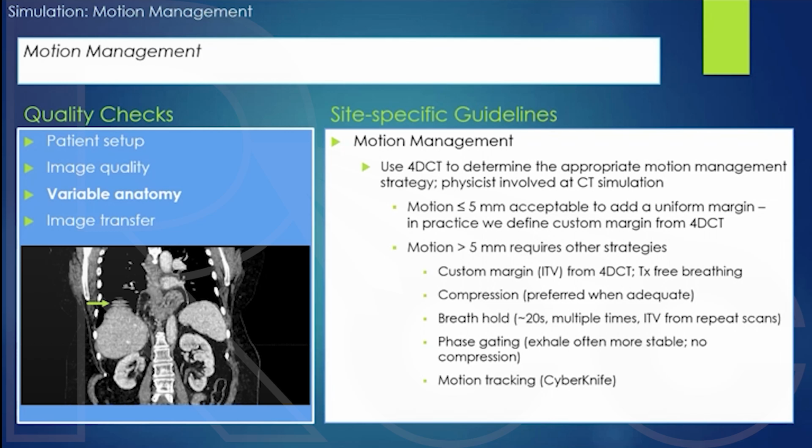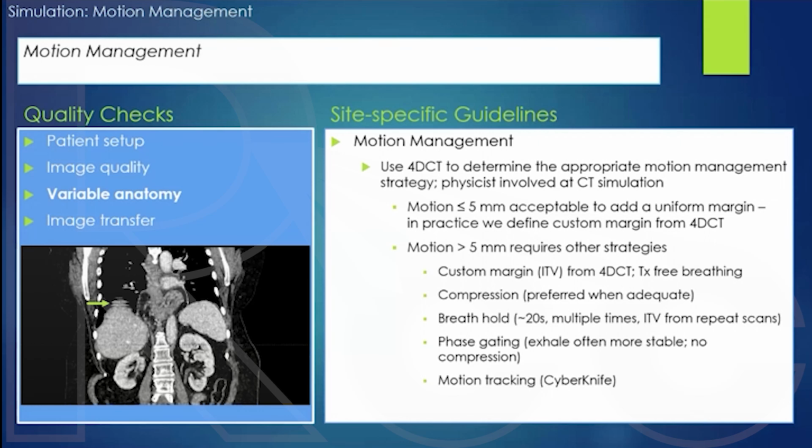With either deep inspiration breath hold, expiration breath hold, or phase gating, the treatment beam is necessarily interrupted during part of that duty cycle. The amount of that interruption depends in part on how well the patient breathes and can comply. It tends to be a little faster with breath hold than with phase gating.